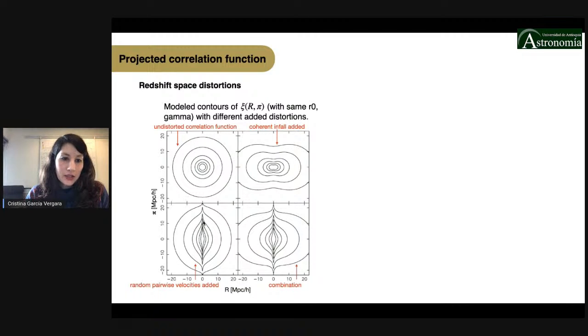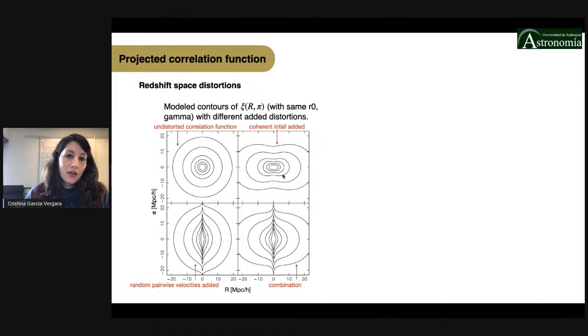But in this case here, if you include the velocities that particles have within matter over density, then you're going to see that this correlation function will be elongated over the line of sight.